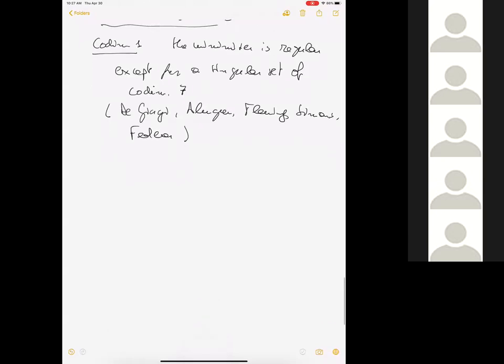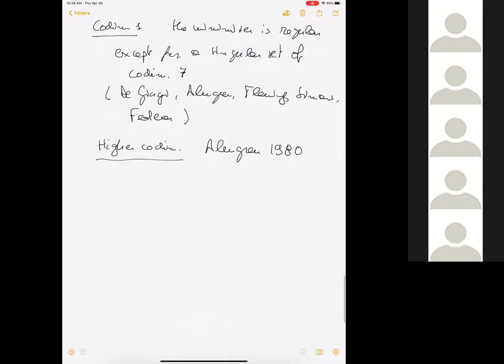In higher codimension, the situation is much more difficult, and it's thanks to a fundamental paper by Almgren, which is actually a book, back in 1980, that we know that the minimizer is regular except for a singular set of codimension 2.